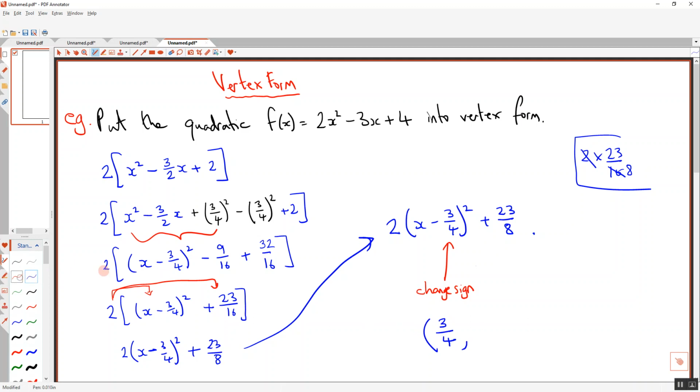We take this number and we leave it alone, we get 23 over 8. And that gives us our vertex.